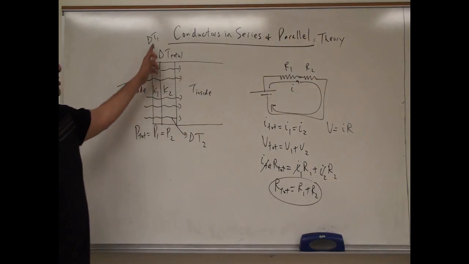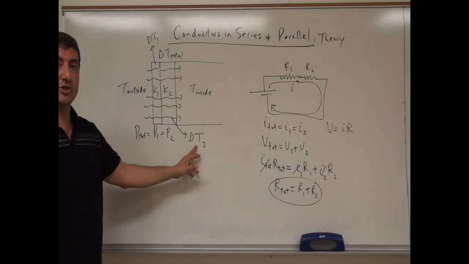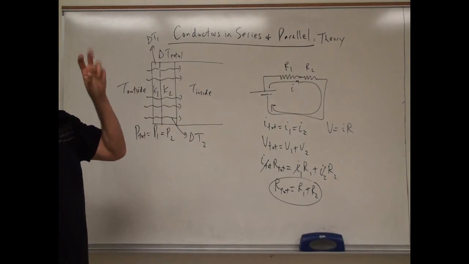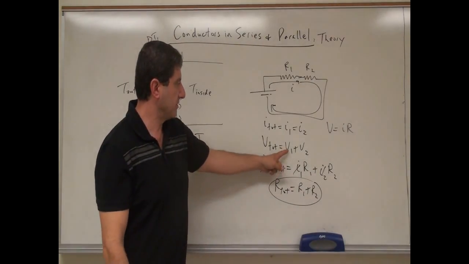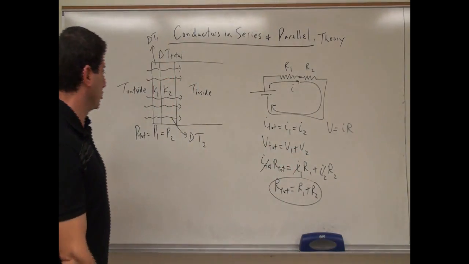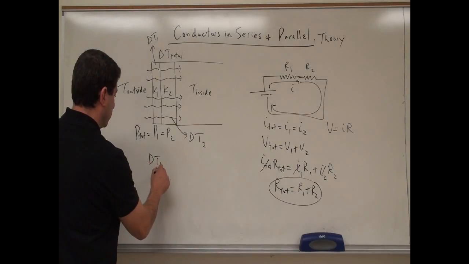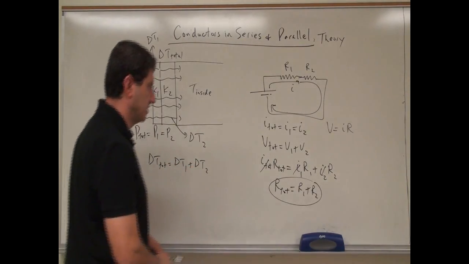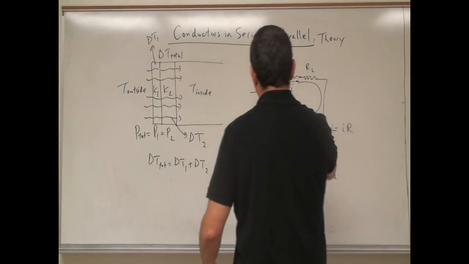So delta T1 plus delta T2 equals the total change in temperature. That's acting as the voltage here; the voltage is adding up. So delta T total is equal to delta T1 plus delta T2. Let's proceed from there.